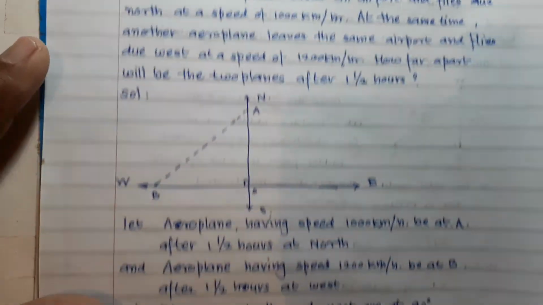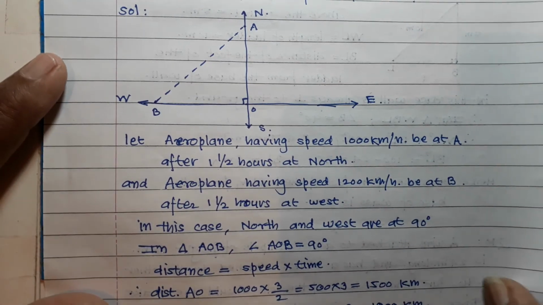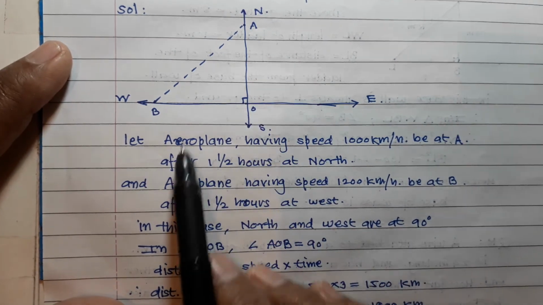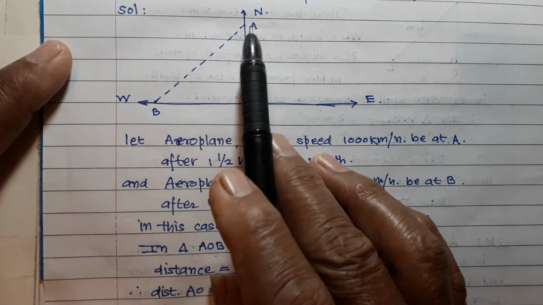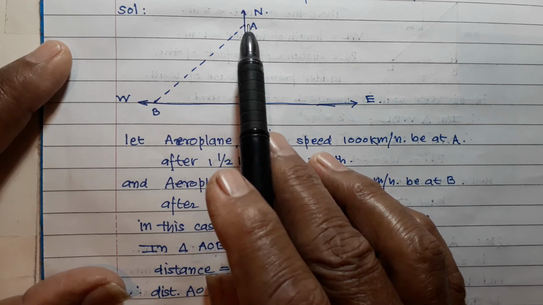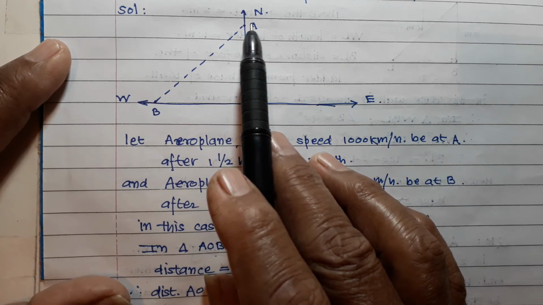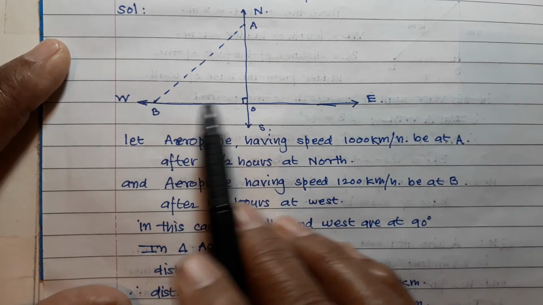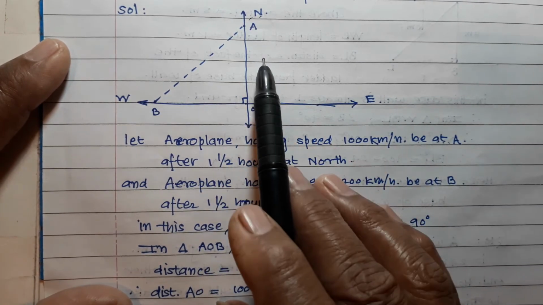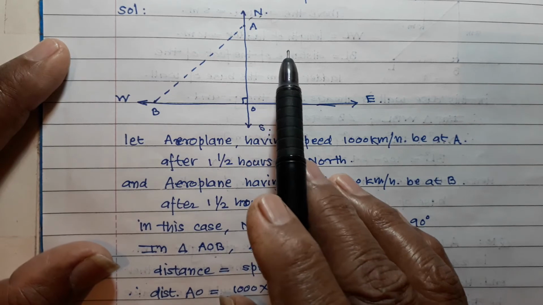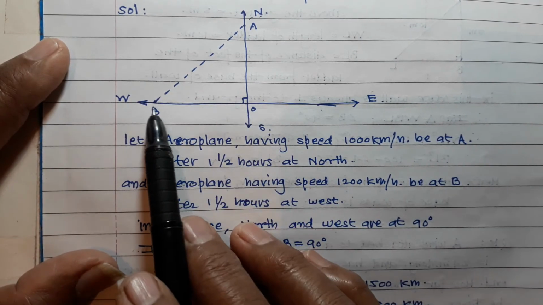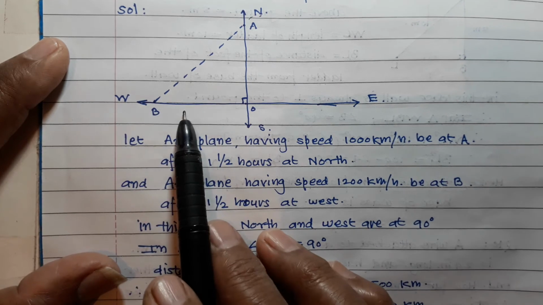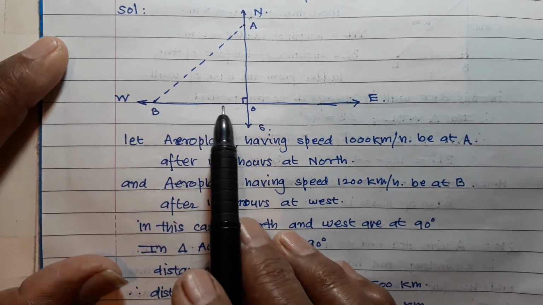Okay, now draw figure. So this is aeroplane A, or one aeroplane, and this is another aeroplane. Speed of this plane is equal to 1000 km per hour, and the speed of this plane is equal to 1200 km per hour.